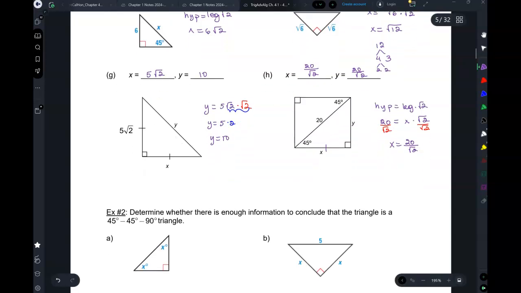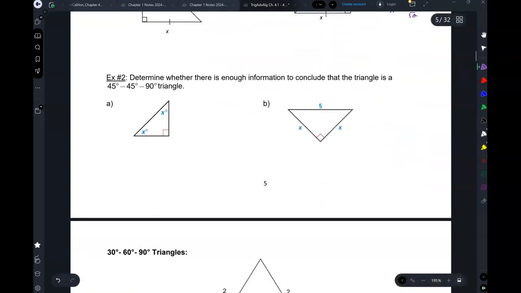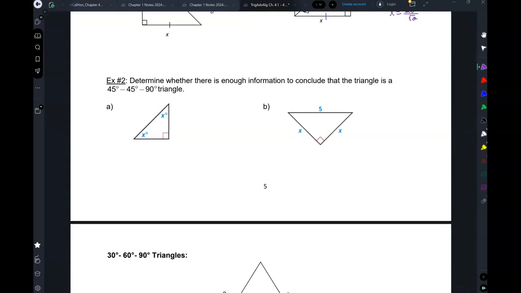Okay. So take a look here. Determine whether there is enough information to conclude that the triangle is a 45, 45, 90. Well, this is just yes or no. For example, in this one you don't have any angles given to you, and over there you don't have any sides given to you.